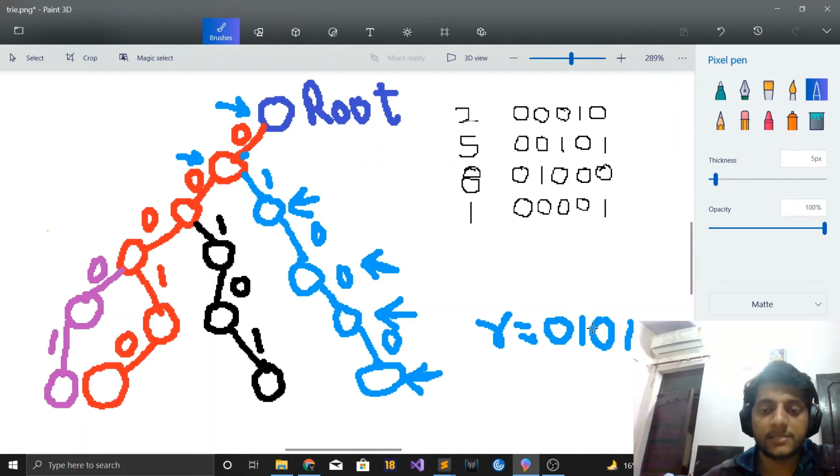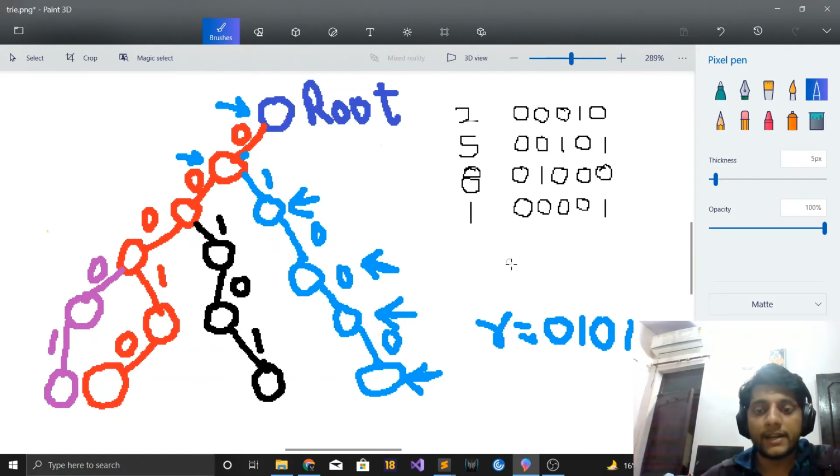So this is the maximum value which I can obtain by XORing 2 with any of the numbers in the array. This maximum value is, I think, 1, 2, 4, 8, so this is 10. And this is obtained by traversing through this path. You can see that the path we took, 0, 0, 1, 0, 0, 0, is number 8.